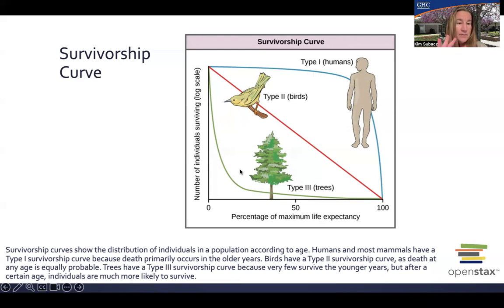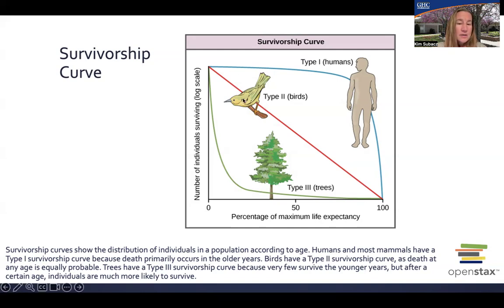Versus type 3. A type 3 example is trees. Remember we talked about how dandelions just blow their seeds out wherever, they're wind distributed. Trees are also going to get their pollen out there, and hopefully it lands in the proper spot, and hopefully that cone releases its seeds and they get blown by the wind and land someplace good.